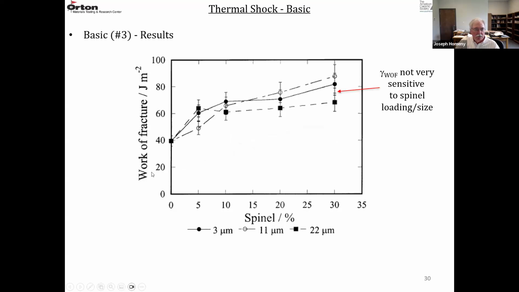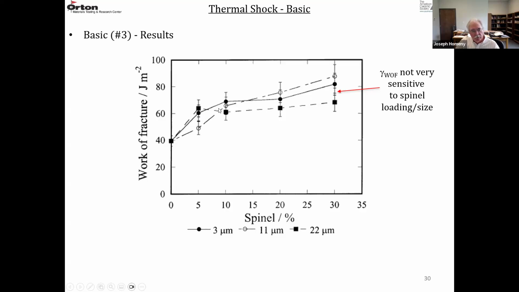The work of fracture was also measured and shown here. So work of fracture versus the spinel content. There's a gradual increase in work of fracture with the spinel content. It's not that sensitive at a constant loading to the particle size.